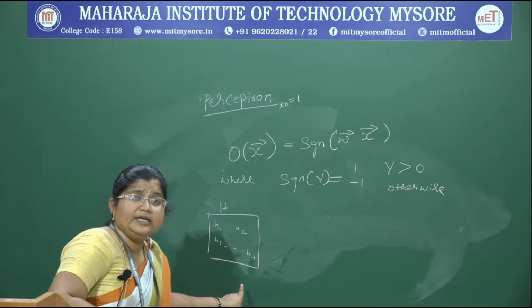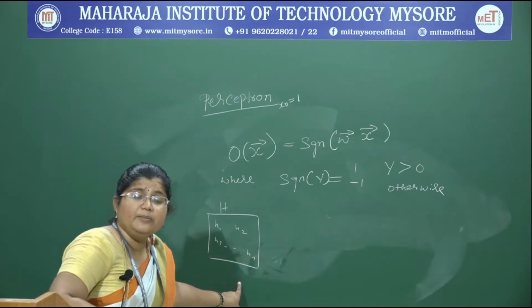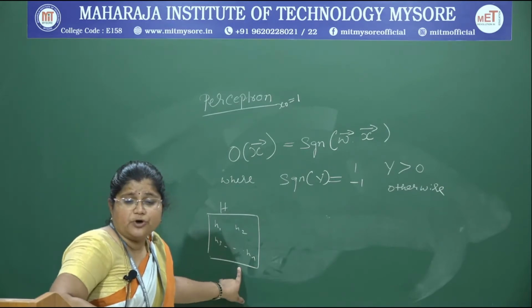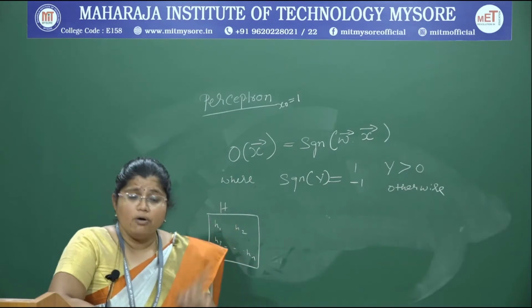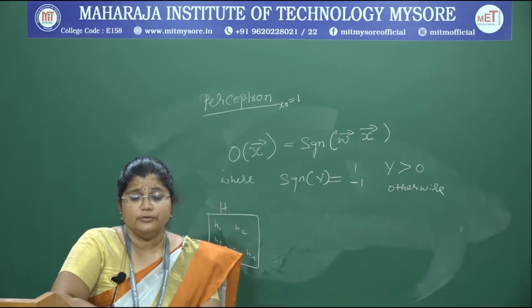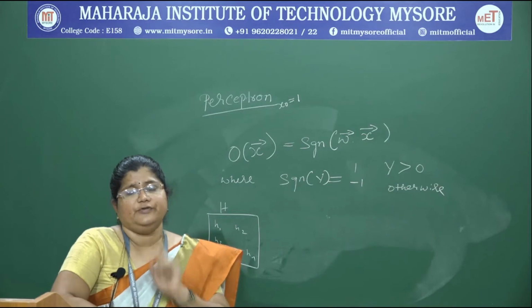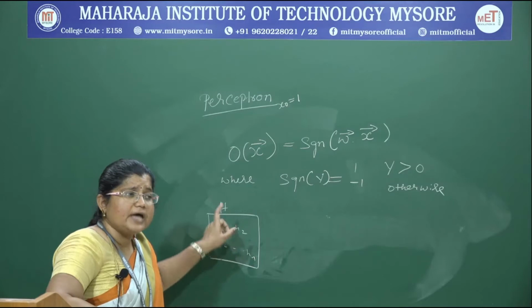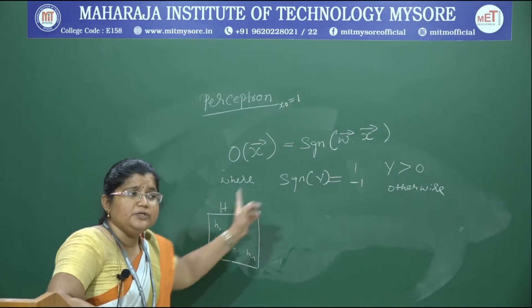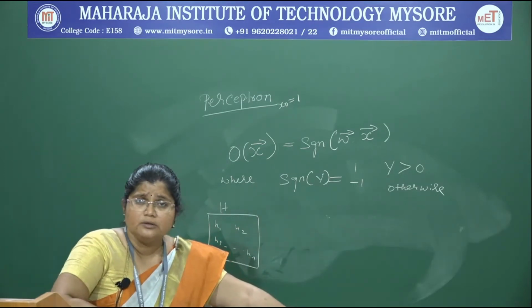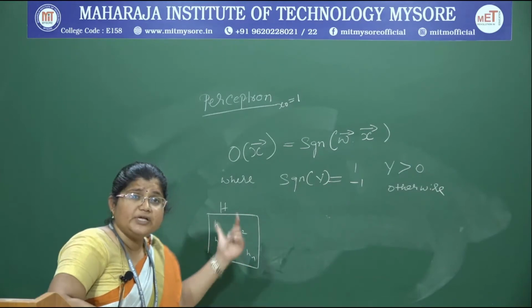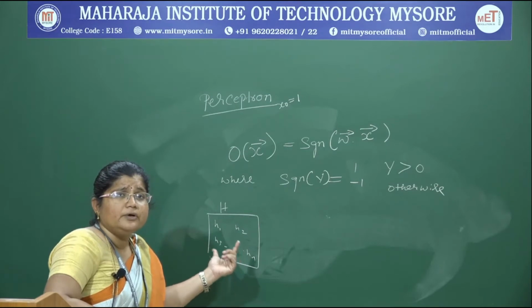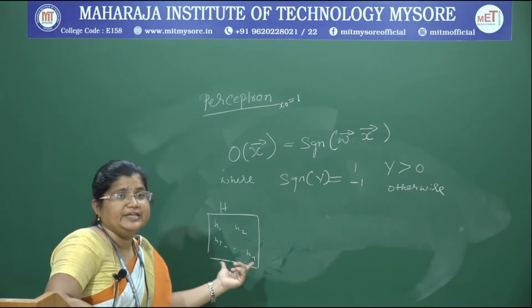The same hypothesis space is going to be considered in a perceptron for learning all the possible sets of real valued weight vectors. Did you understand? So this hypothesis space is used by the perceptron to represent all the possible real valued vectors of weights.